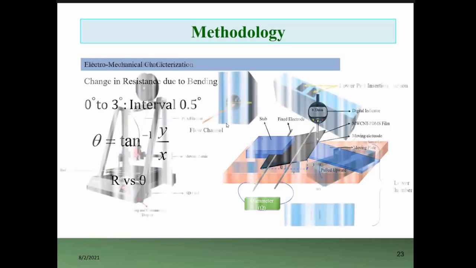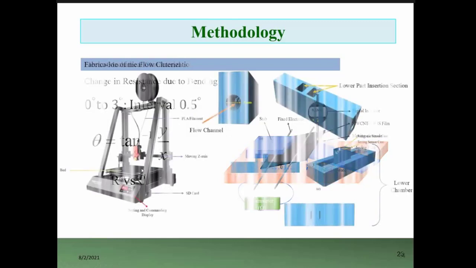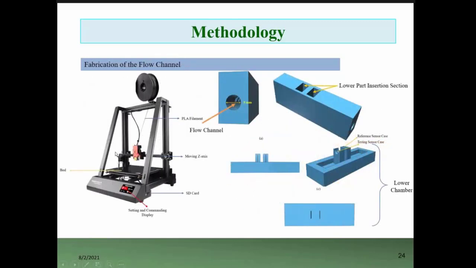After that, the flow channel was fabricated using the 3D printer, which is a very useful device. We can fabricate any device that we design using this 3D printer. So as you can see, my flow sensor has basically 2 parts. One is the upper part and another one is the lower part.